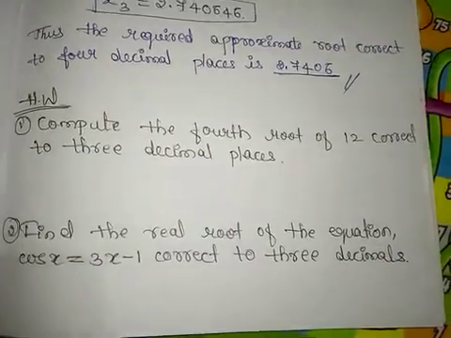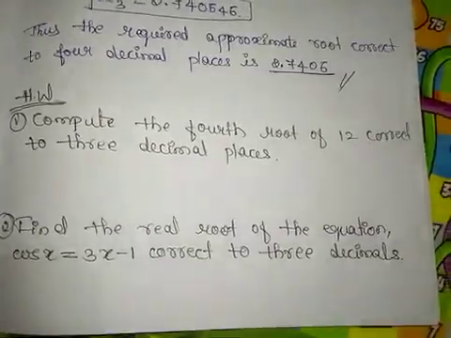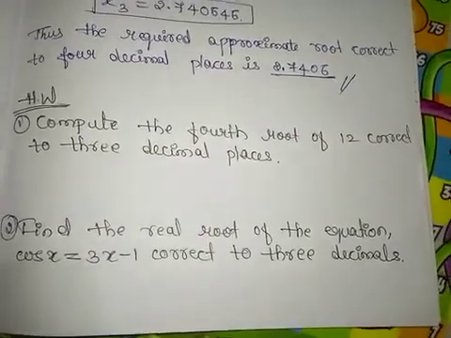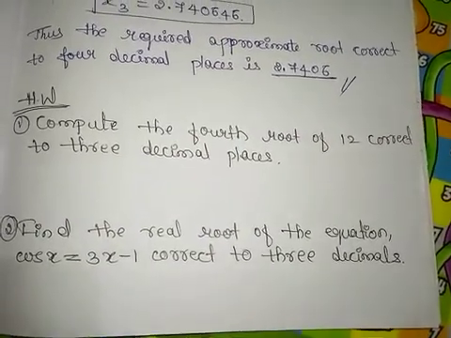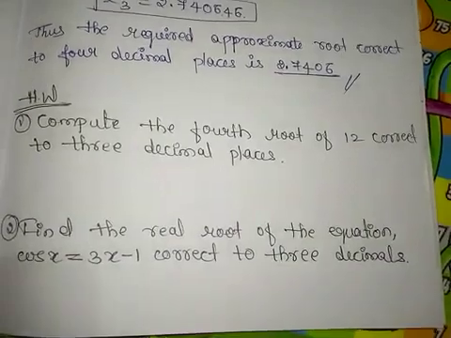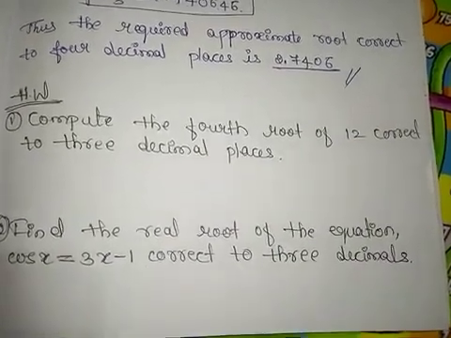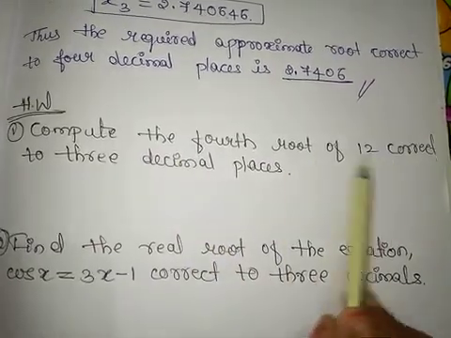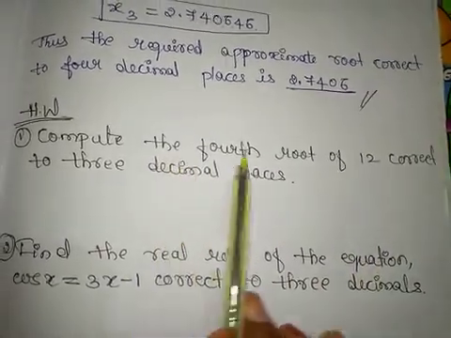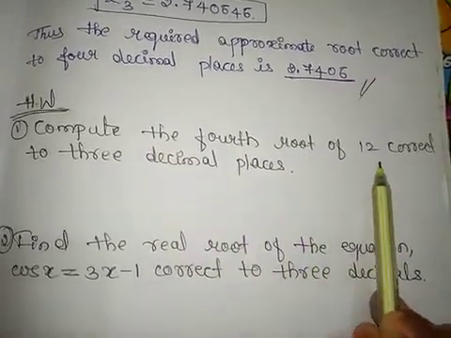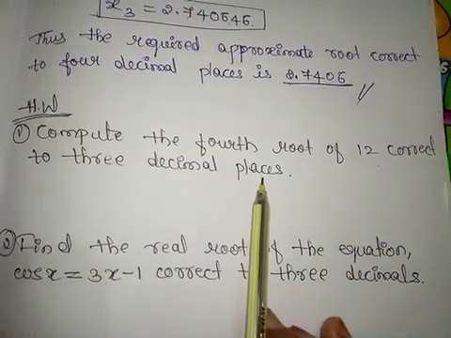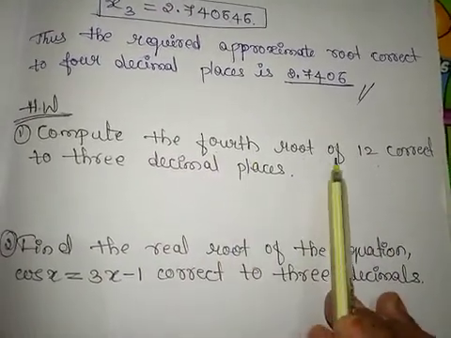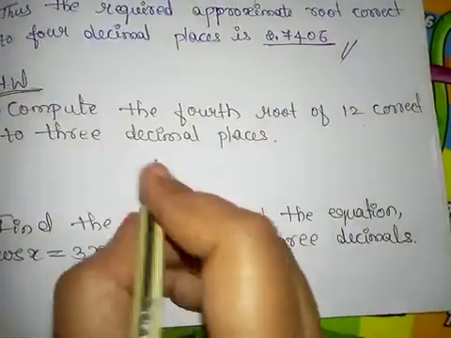Here you have 2 homework examples. Compute the 4th root of 12 correct to 3 decimal places. Here they are not given the function f of x. You have to write the function f of x on the basis of this sentence, that is compute the 4th root of 12 correct to 3 decimal places. How you write the 4th root of 12 here?